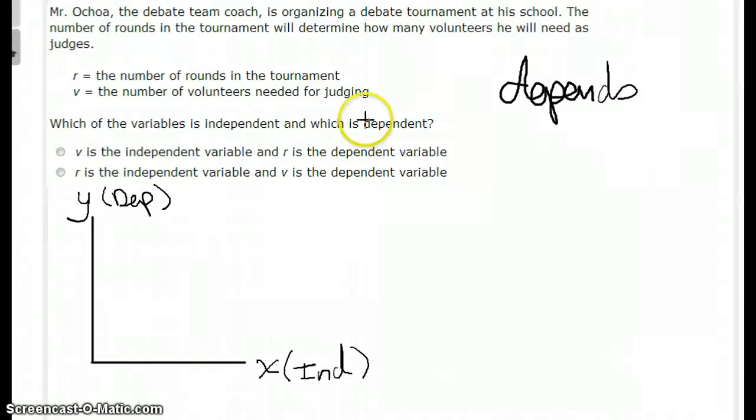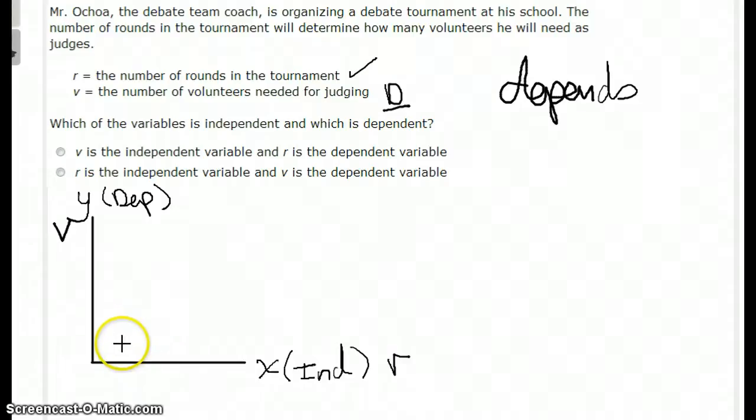So the number of volunteers needed for judging depends on the number of rounds in the tournament. So which is the independent variable? The independent variable is R, the number of rounds, and which is the number of volunteers? V is the dependent variable.